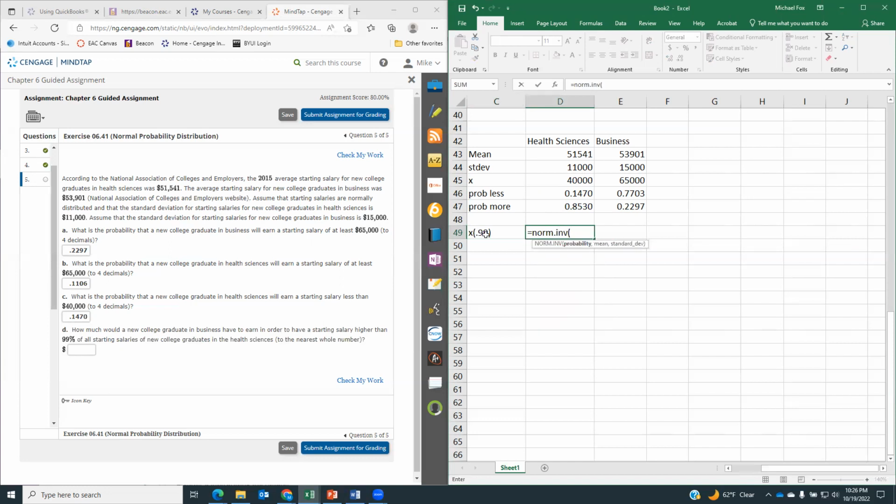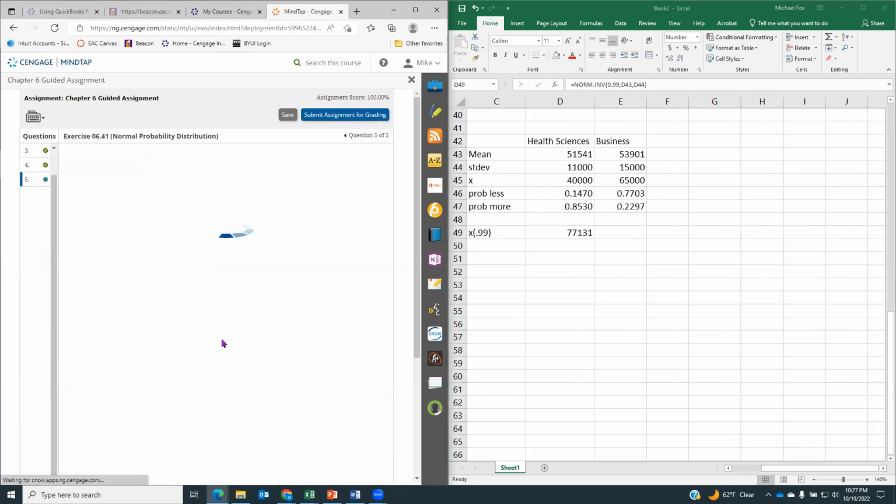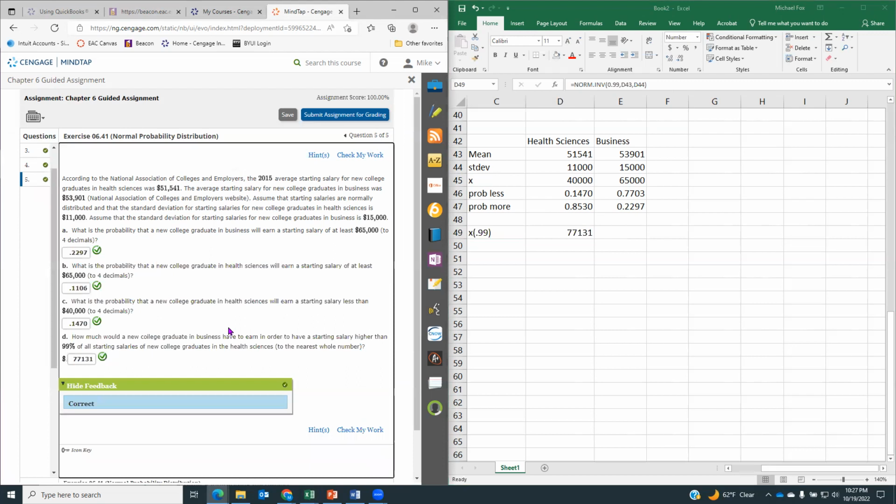For my probability, I'm going to put in 0.99, my mean, my standard deviation. So someone would have to make $77,130. It wants it to the nearest whole number, so $77,131 in order to make more than 99% of health science graduates. Check our work, and we're all good.